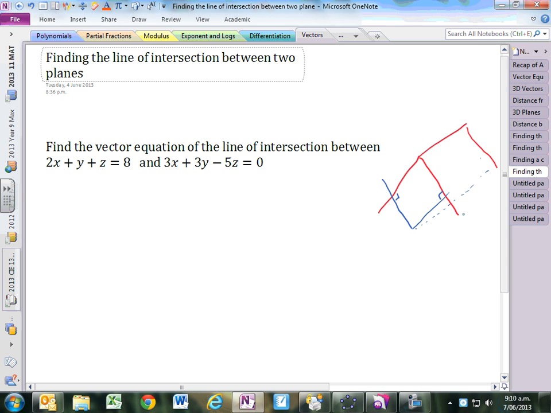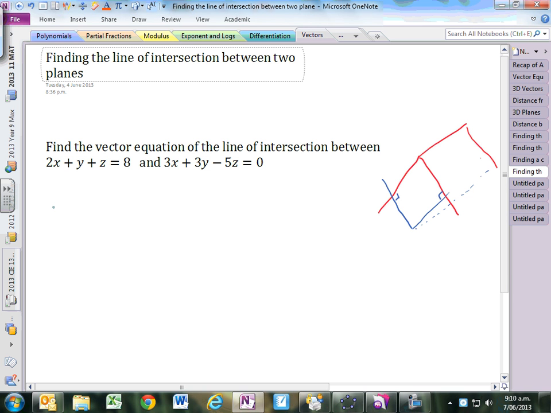Because I don't have the directional vector of that. What does the equation of the plane actually tell me? The normal. It gives you a normal to the plane, and that's why we're working with this normal.